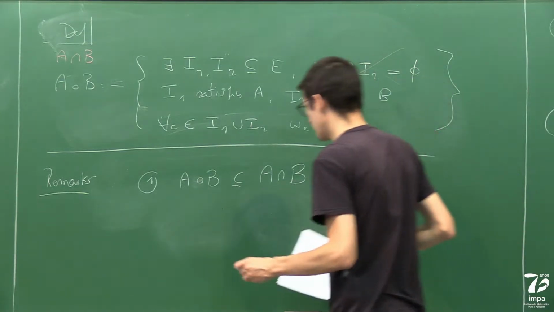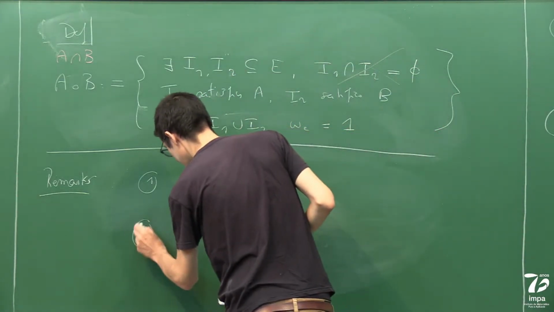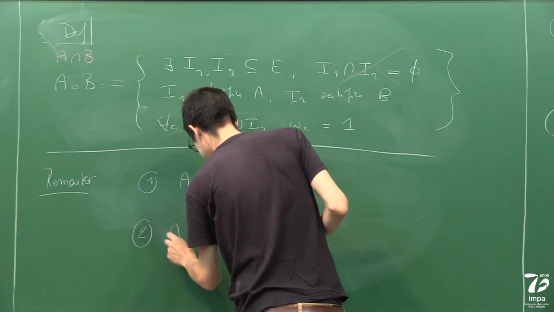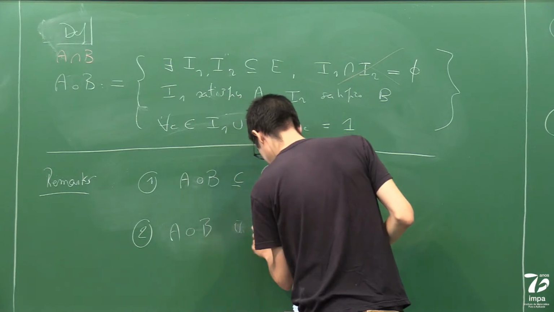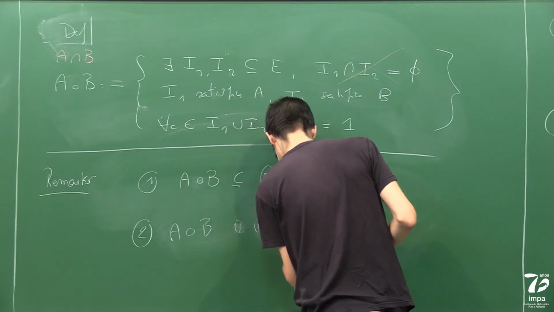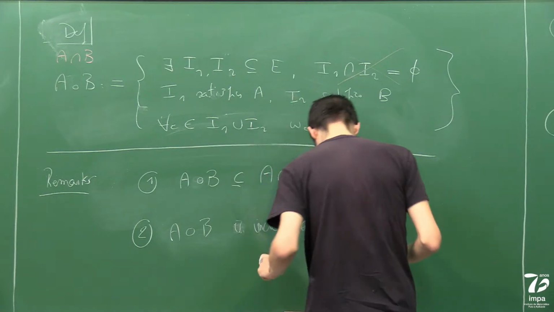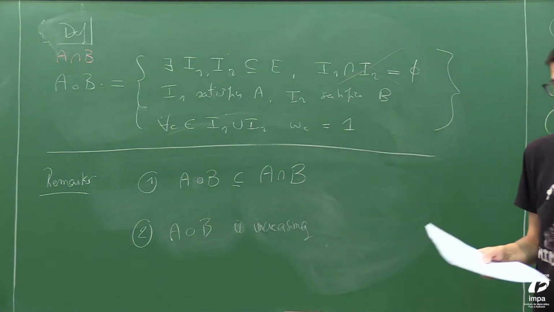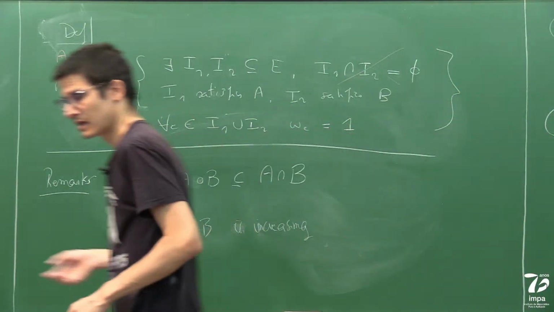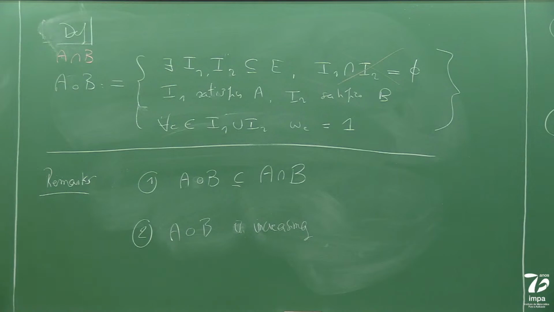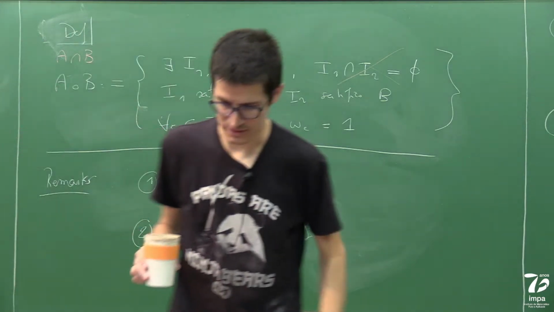And the second thing that you can check is that A circle B is increasing. Well, intuitively, it's kind of obvious. If you open more edges, this is more likely to be true. But maybe you can try to check it in more details too.